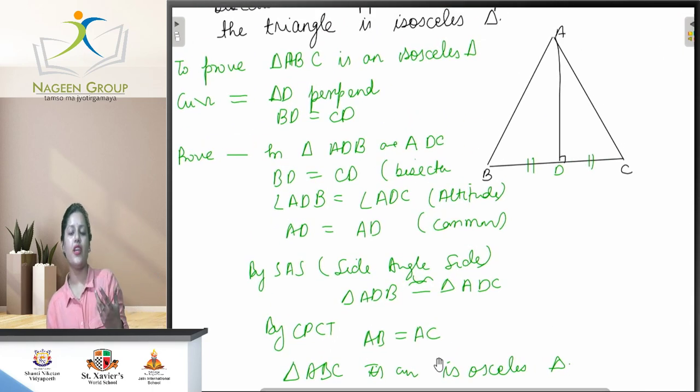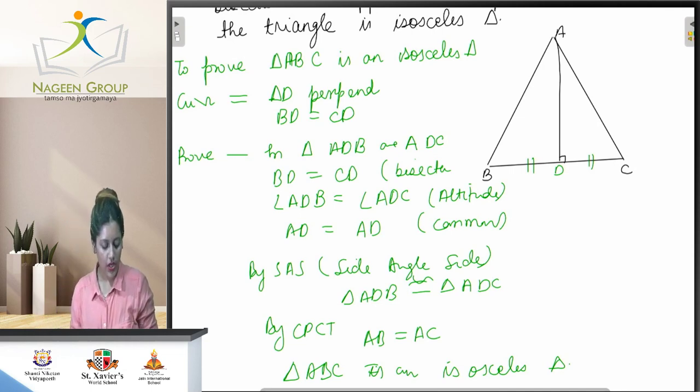What have we proved here? If our altitude bisects the opposite side, then the triangle is an isosceles triangle. So now we are going to do our next question, that is: prove that the perpendiculars from the vertices of an equal angle of an isosceles triangle to the opposite side are equal.